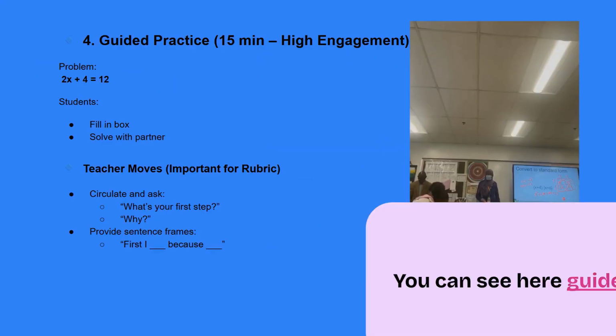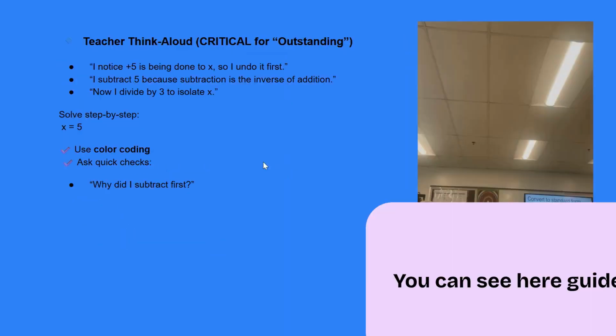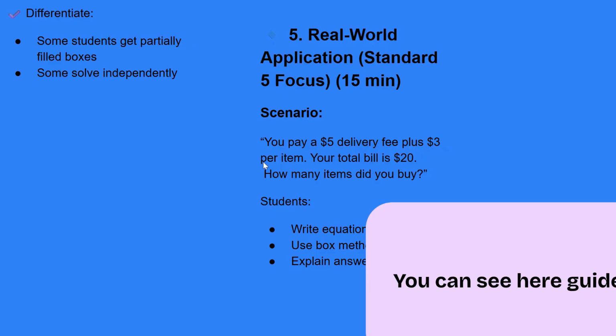You can see here guided practice, high engagement, 2x plus 4 equals 12. Fill in the box, solve with the partner, and I already explained this one. So real world application, standard 5 focus, 15 minutes.